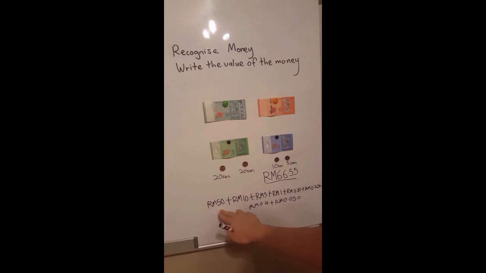If you add up all the banknotes and all the coins, what we get is still RM 66.55. Or 66 ringgit and 55 cents.